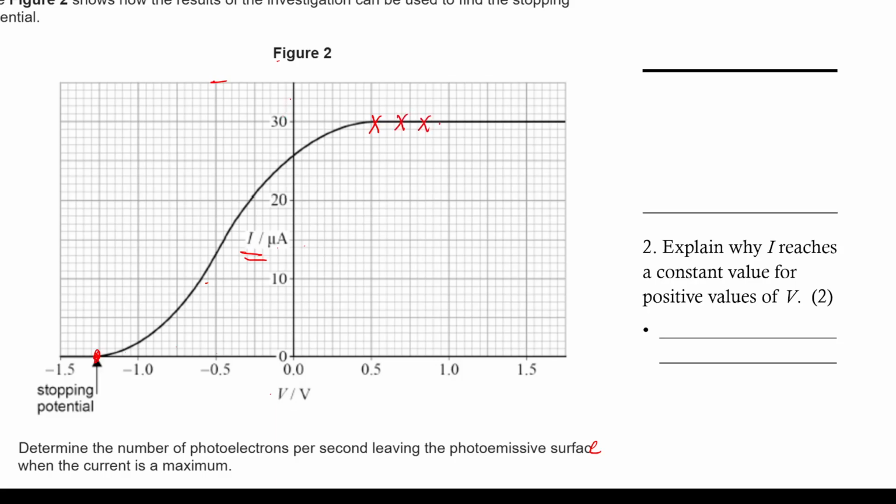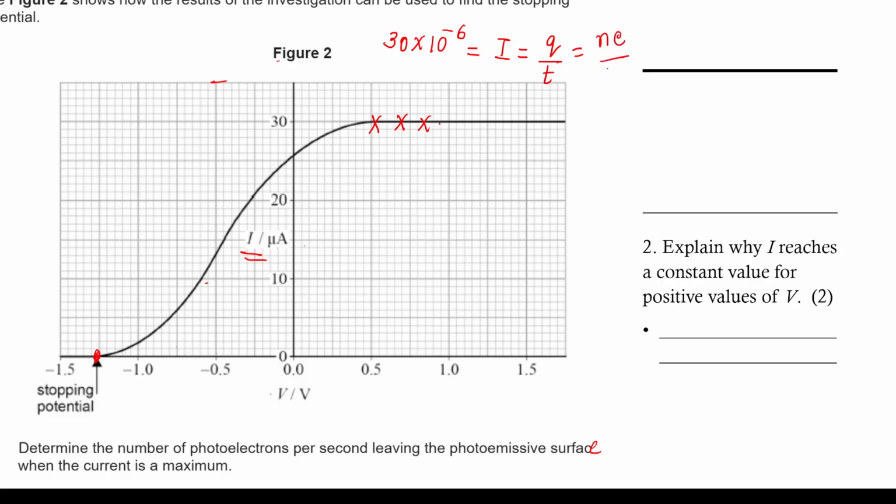So what is the maximum current? 30 microamps. So 30 times 10 to the power minus 6 is the current. Number of photoelectrons per second. Now remember, current is charge per second, rate of change of charge. Time is given as 1 second, and Q you can write as Ne.